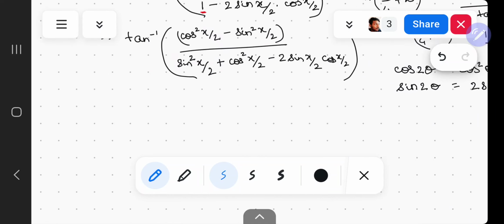So in the denominator we can see that this is sin x by 2 plus cos x by 2 whole square. It's in the form of a square plus b square minus 2ab.